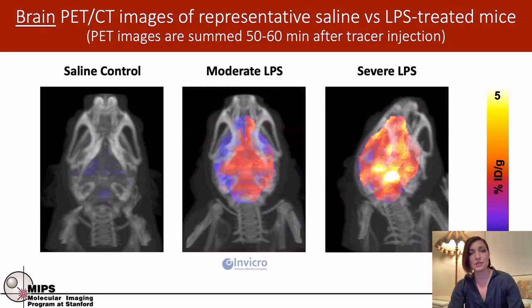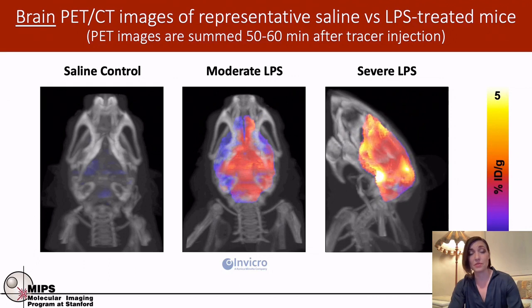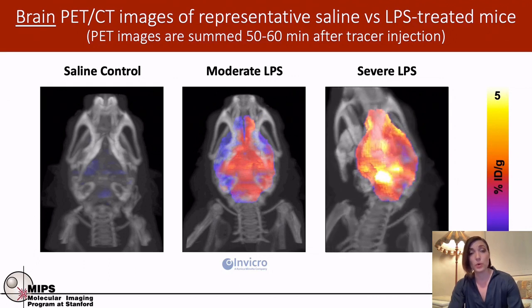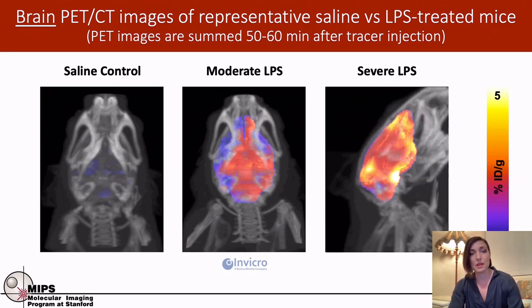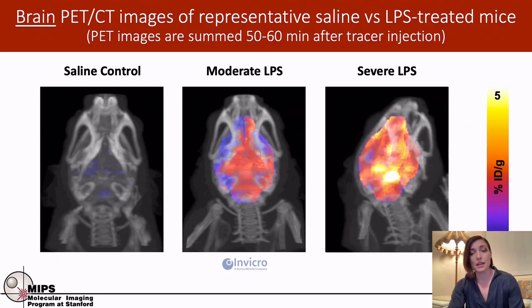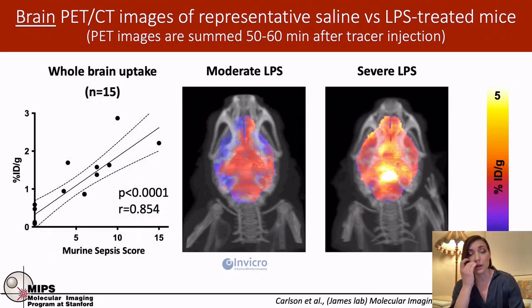And then as soon as we image the severe scoring mice, you can see the signal is markedly increased. And in fact, what I find really powerful is that our in vivo whole brain signal really does correlate very nicely to the murine sepsis score, as shown here in this graph. So that was very compelling to me.